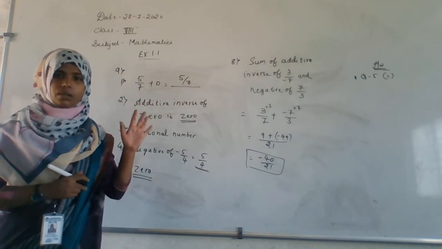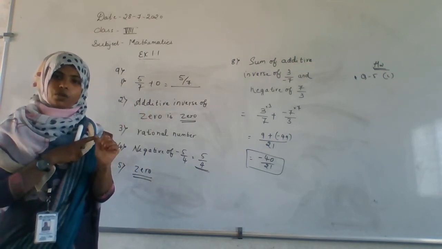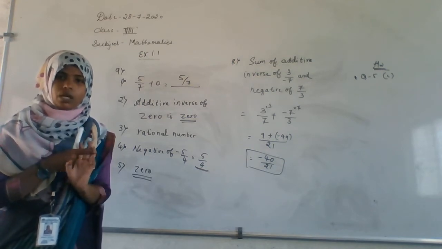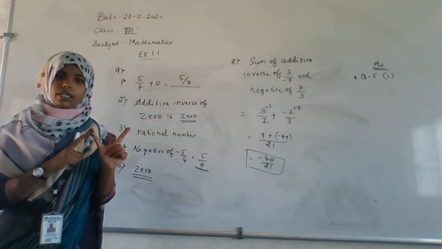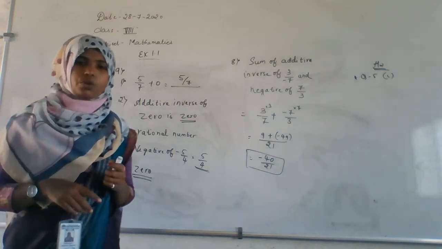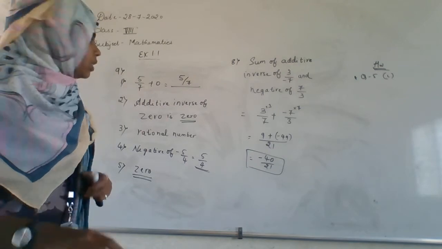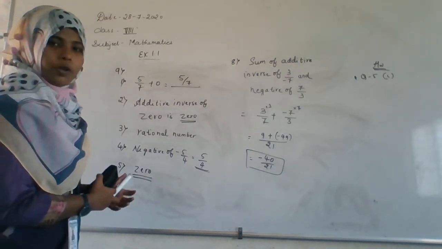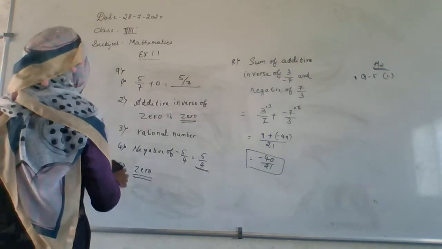In rational numbers we study the properties of addition, subtraction, multiplication and division. I hope you have noted all this. Next I am going for the properties of multiplication.